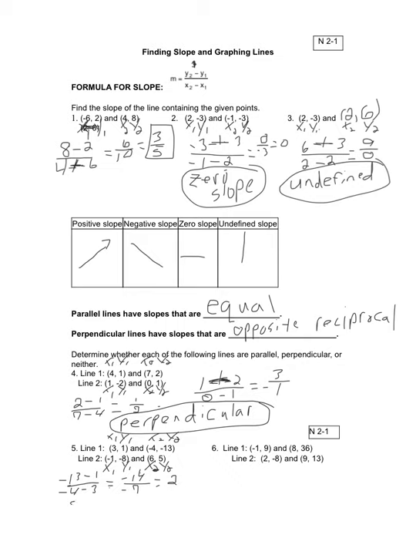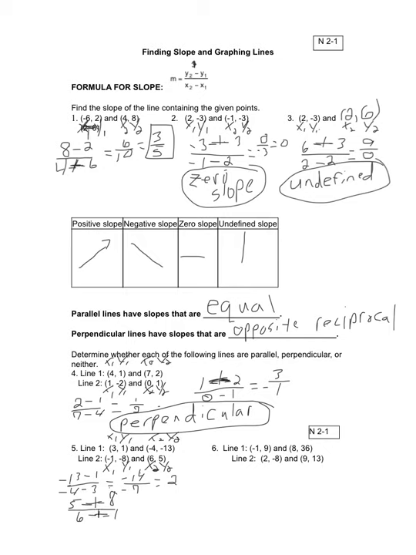5 is y2. Minus, which is built in, y1, which is a negative 8, all over x2, which is 6, minus x1, which is a negative 1. Okay, minus and minus make a plus, same on the bottom.